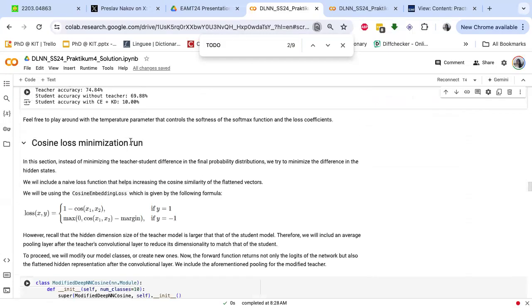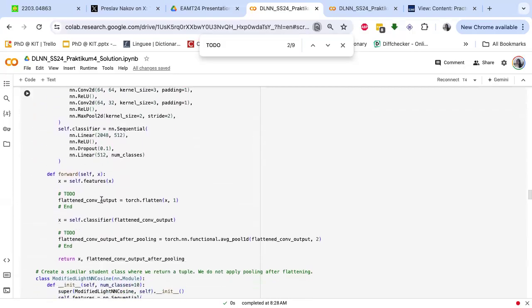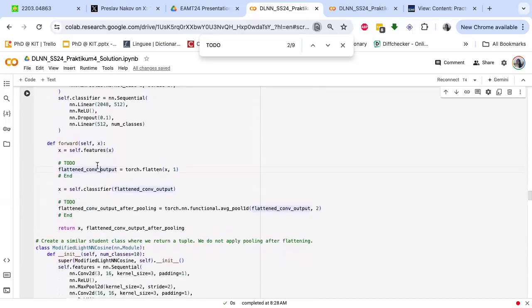Your second task is on the cosine loss minimization run, which is where you try to minimize the difference between the hidden representation of the teacher and that of the model. So here you have to flatten the convolution output.